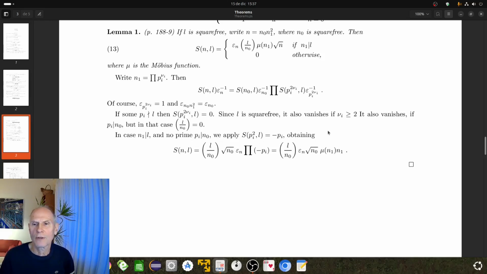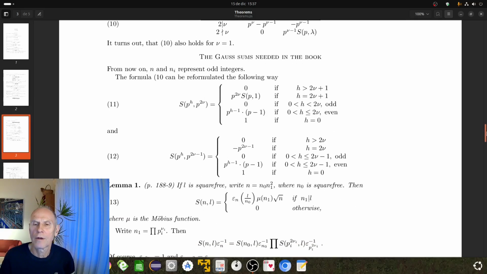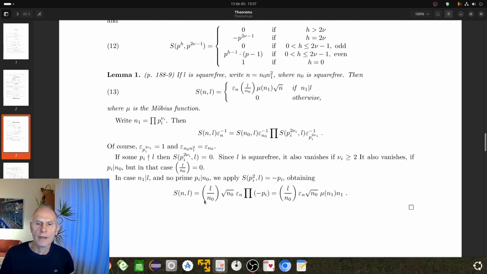Then we have this result from up here. This is this result. And that leads immediately to the result, without the use of any delta functions.